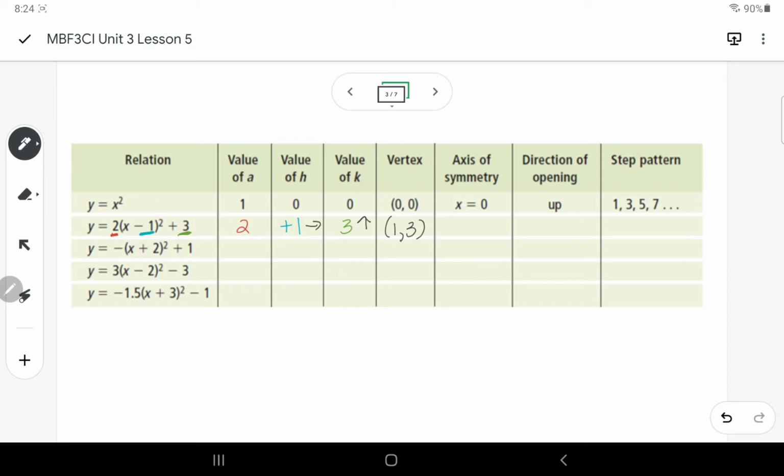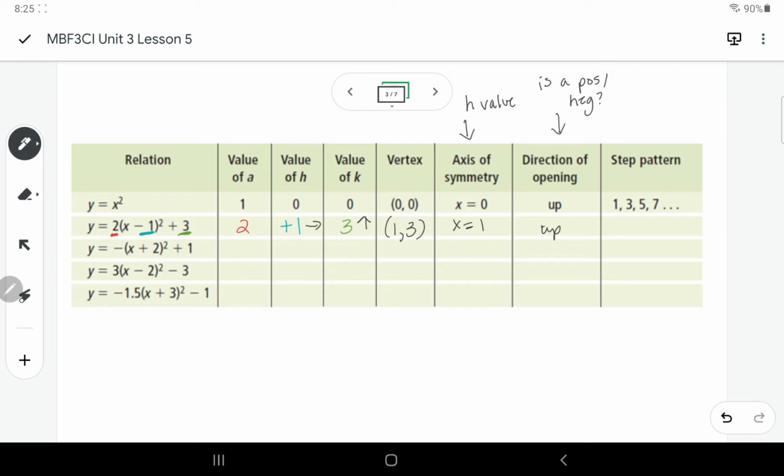The axis of symmetry is going to be the same as the H value. So my axis of symmetry is x equals 1. And the direction of opening comes from the A. Is A positive or negative? And I see that my A value here is a positive 2, so it's opening up.